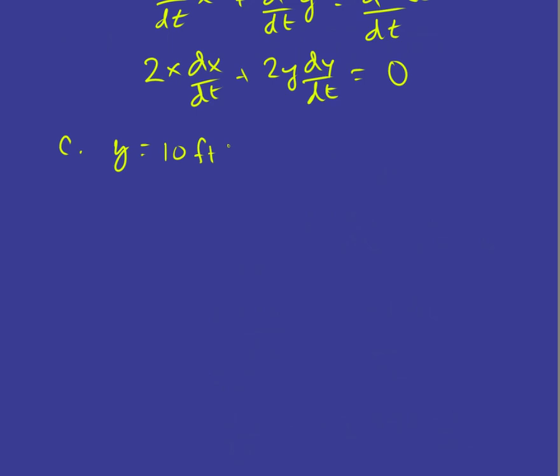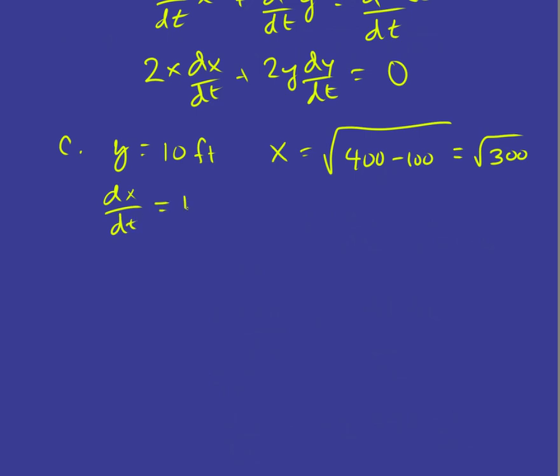And with the Pythagorean theorem, we know that x is going to be equal to the square root of 20 squared, which is 400, minus 10 squared, which is 100, so that's the square root of 300, given that dx/dt is 1.5 feet per second. So now we put those known figures into our equation up here.